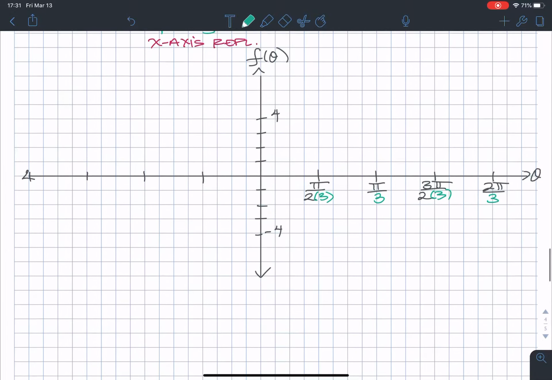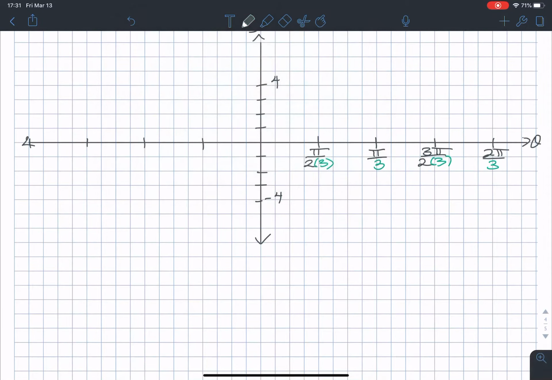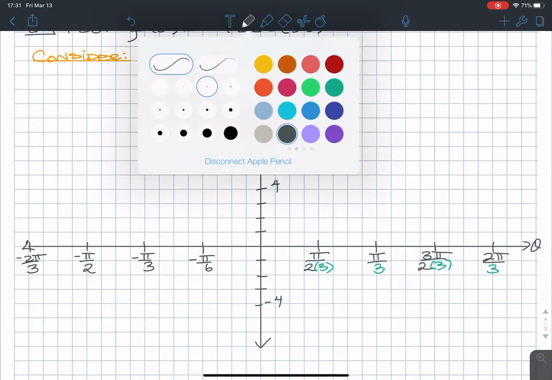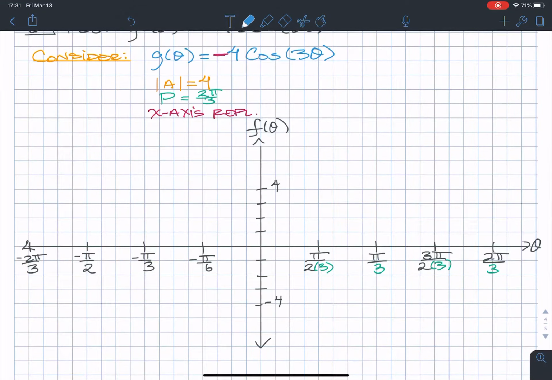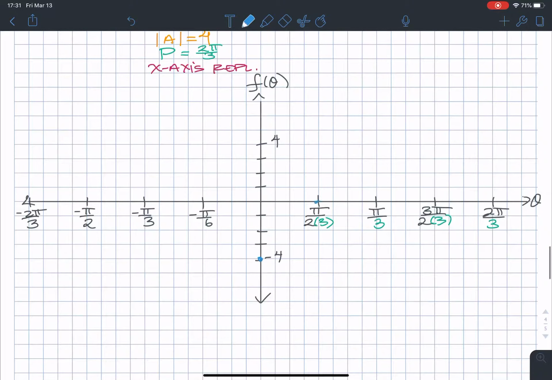And these going left simplify to negative pi over 6, negative pi over 3, negative pi over 2, and negative 2 pi over 3 respectively. I know cosine usually starts at amplitude, but since this would be negative, it's going to start at negative amplitude and be symmetric with respect to the y-axis.